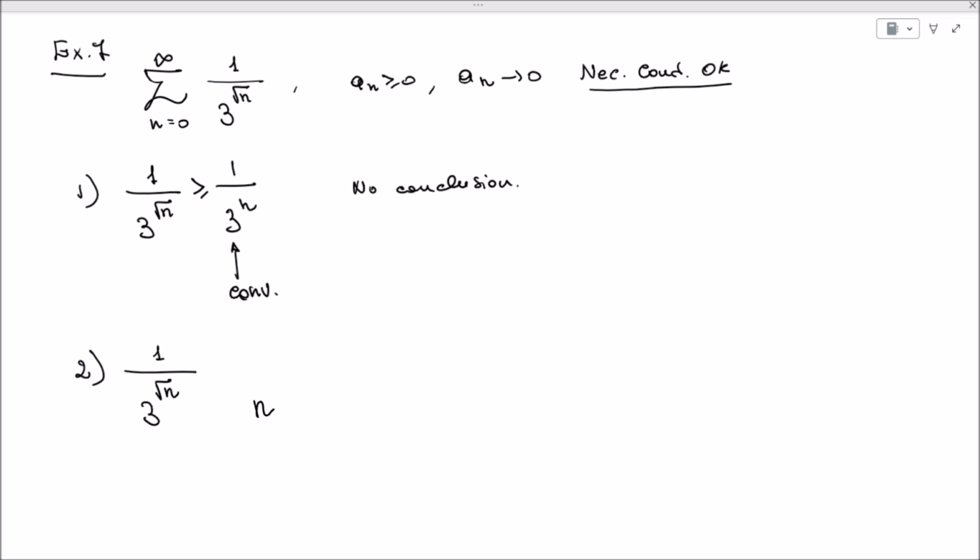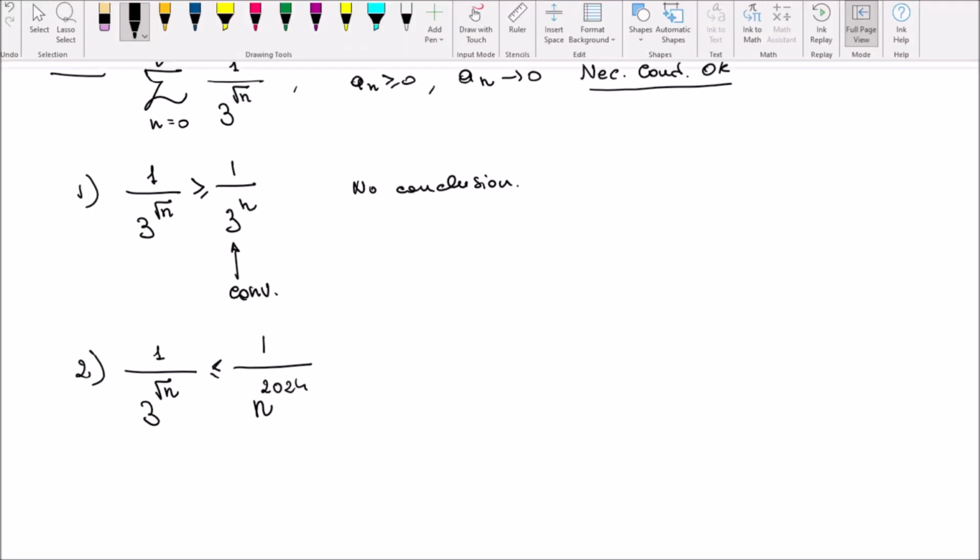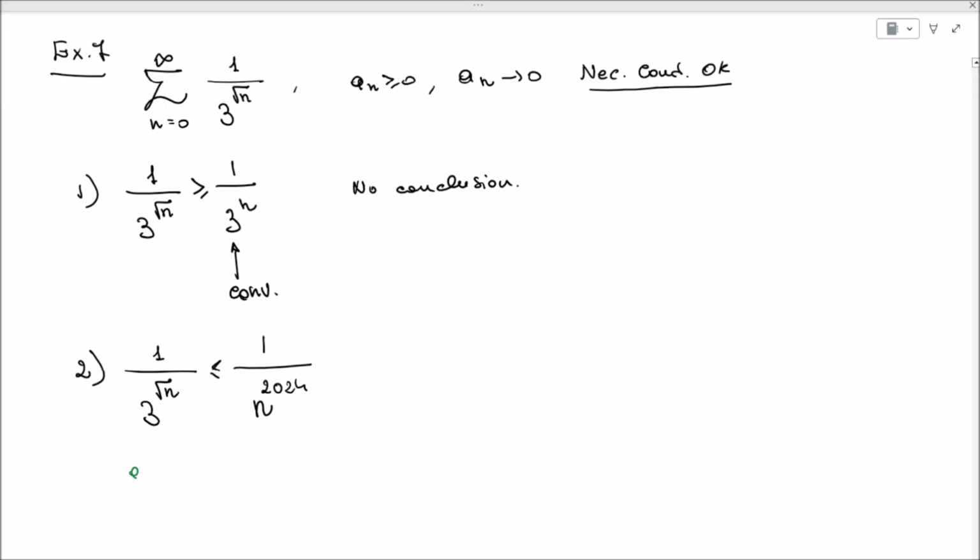For example, n raised to the 2024, okay? So because 3 to the square root of n is larger than this, we could say that clearly this is less than or equal to 1 divided by n to the 2024, right? Remember that the reason is that this is an exponential which is larger than a power. Okay, so this is the reason for having that.